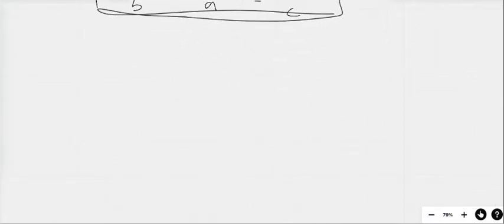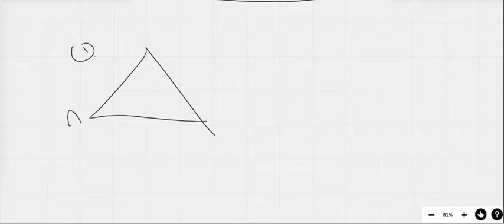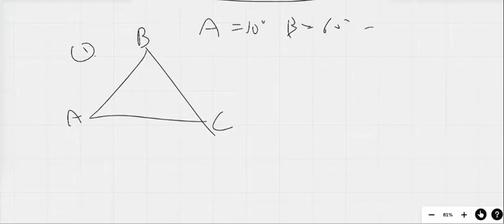So now let's look at our first practice problem. In a triangle ABC, angle A is equal to 10 degrees, angle B is equal to 60 degrees, and side A is equal to 7.5. The goal is to find all of the missing parts of this triangle.